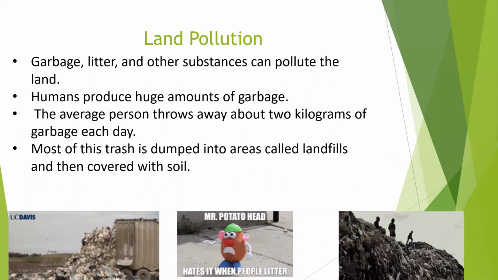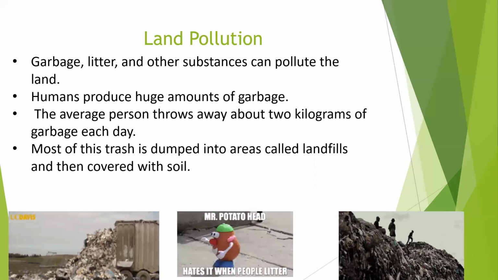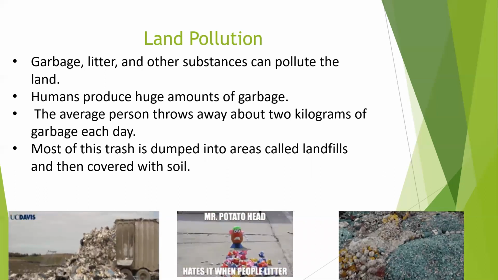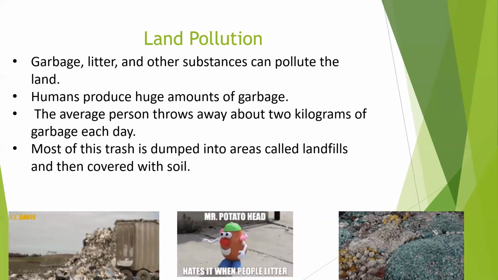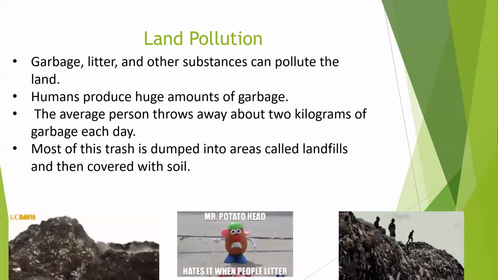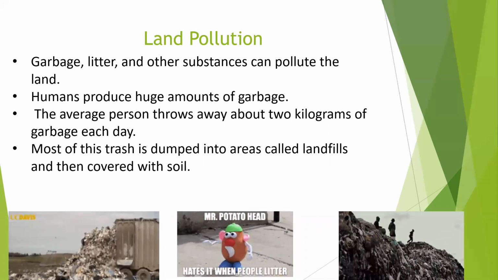Then we have land pollution. Garbage, litter, and other substances can pollute the land. Humans produce huge amounts of garbage. The average person throws away about 2 kilograms of garbage each day. Most of this trash is dumped into areas called landfills and then covered with soil.